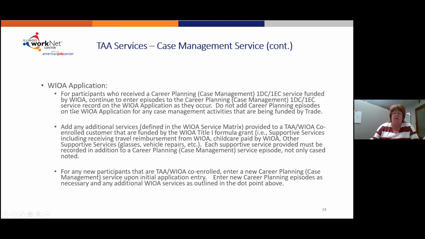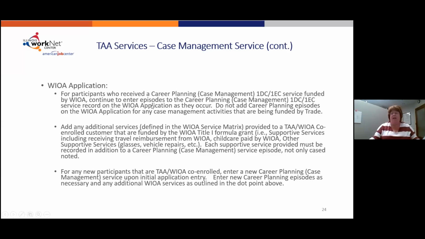So on the WIOA application for those participants, you'll enter a career planning, case management, 1DC or 1AC service that's funded by WIOA, and you'll continue to add those episodes to that as they occur on the WIOA side. If you're providing some WIOA services to that participant, then that's when you would add those particular episodes. If you're only providing the trade case management to that person, then you would put those episodes on trade case management.